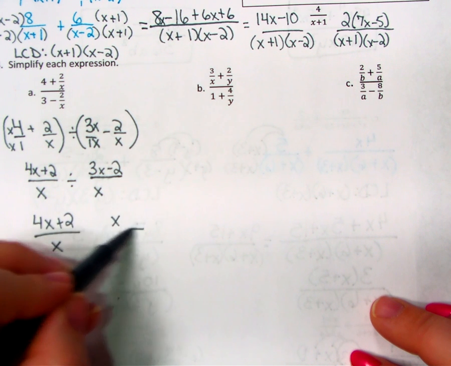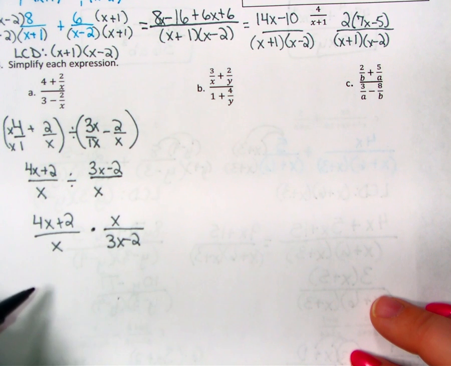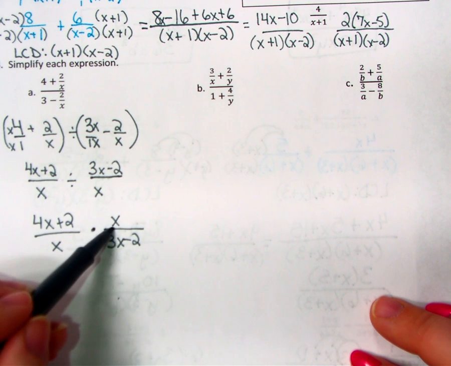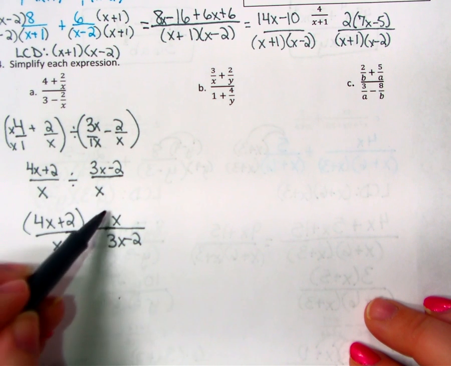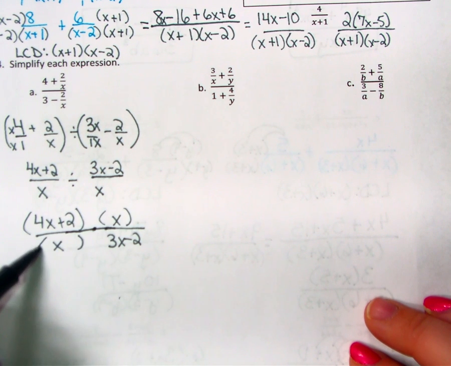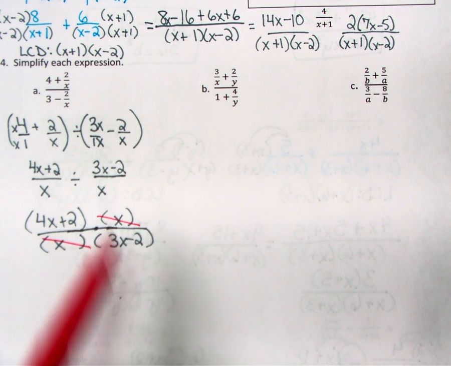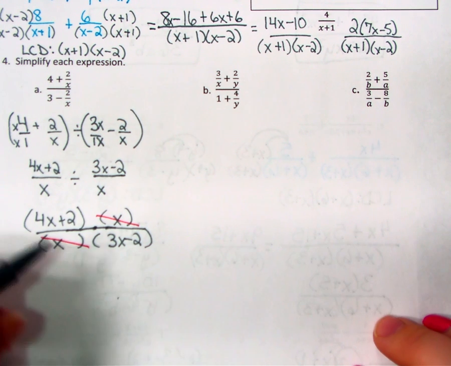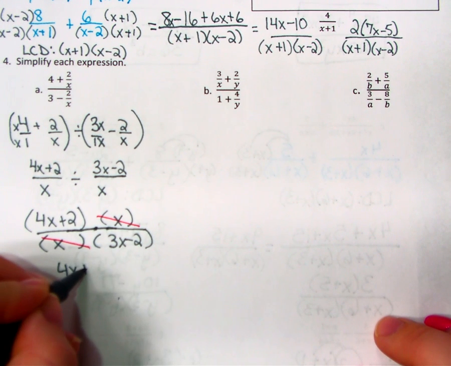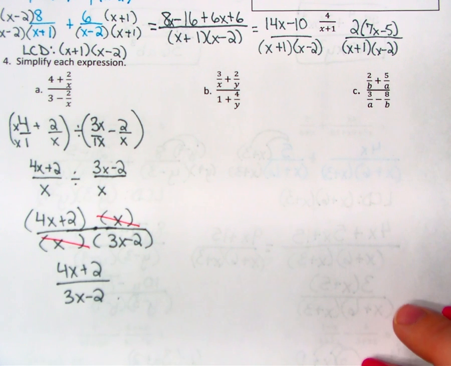The second one flips. And we are multiplying. So when you multiply, it becomes one giant fraction, and we can look for common factors. Remember, anything that's multiplied together is a factor. So this x on the bottom, x on the top are able to cancel. And my final answer is just 4x plus 2 on top, 3x minus 2 on the bottom.